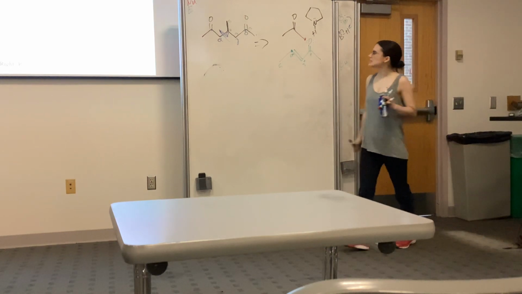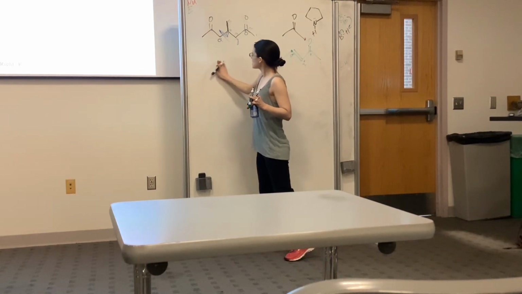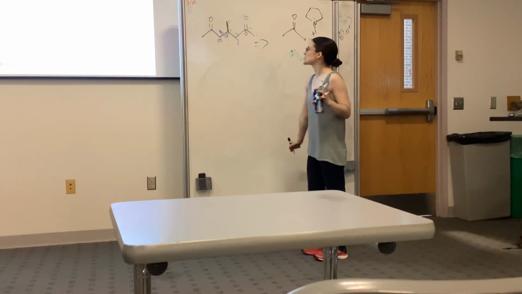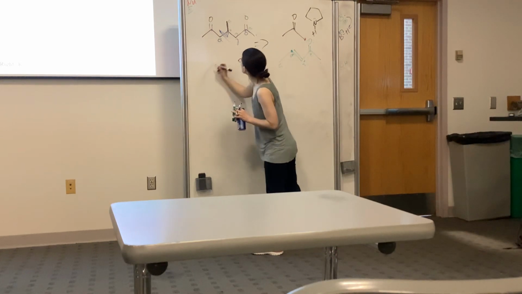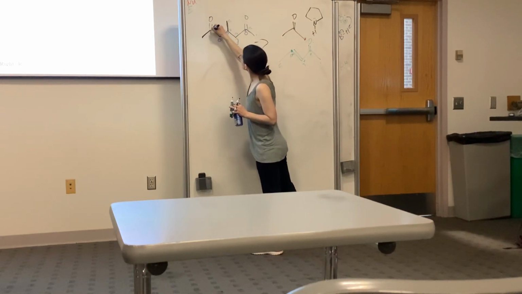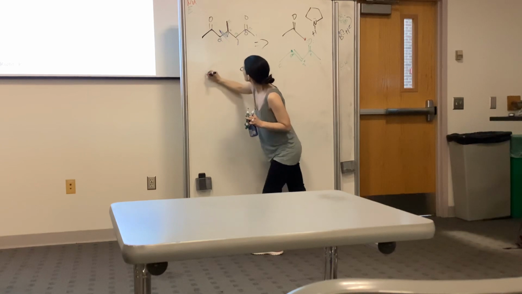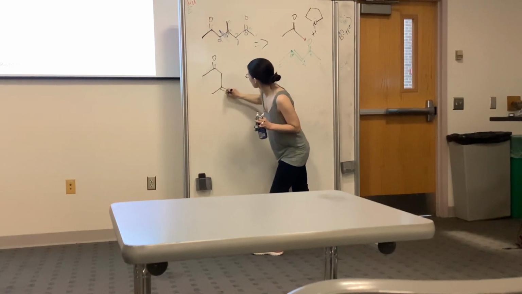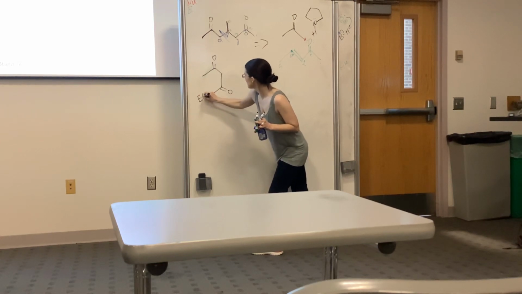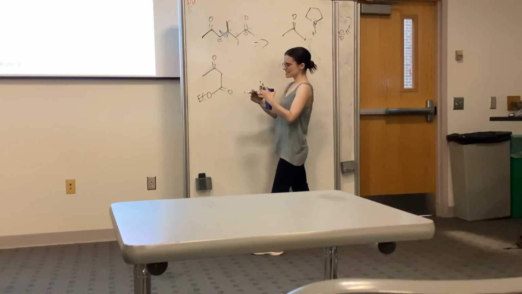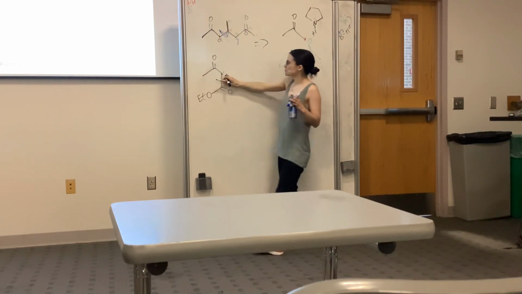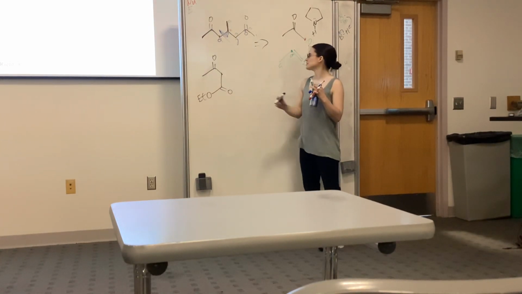The other way they did it is they basically said, oh, you know what? If we used acetoacetic ester synthesis, like if we took this guy right here and we did this, that makes this guy a really great nucleophile.